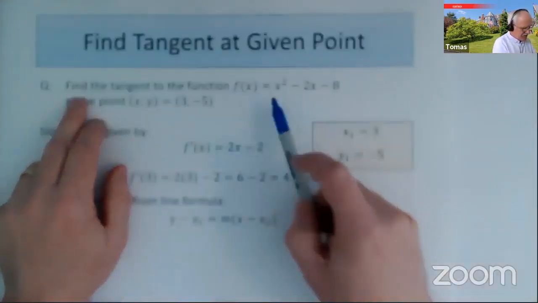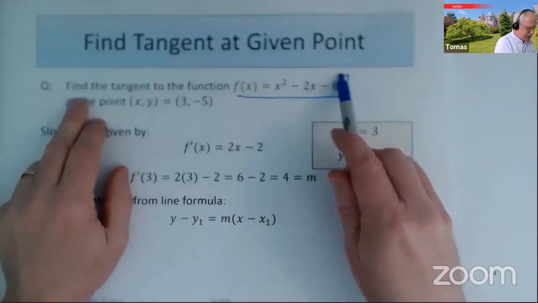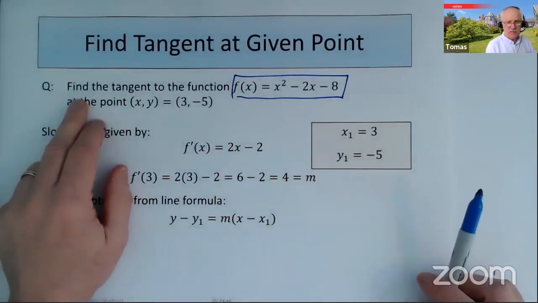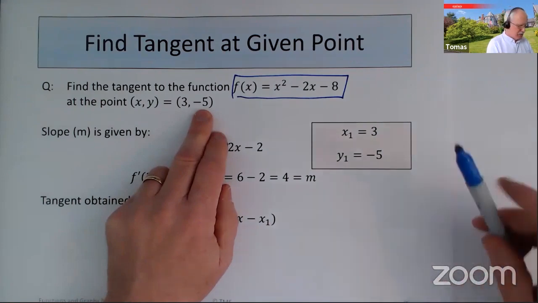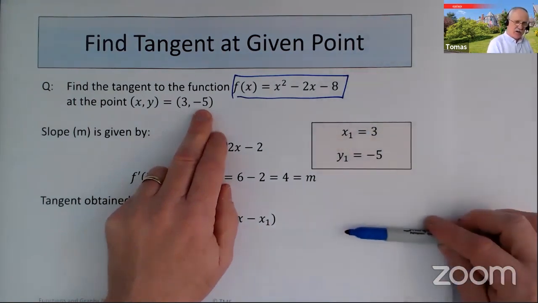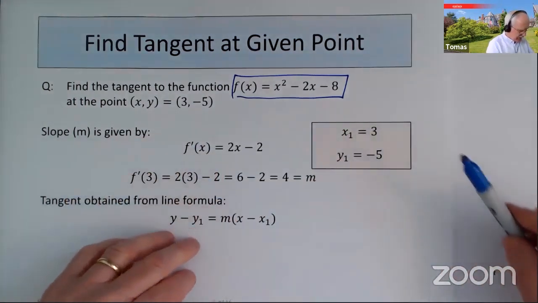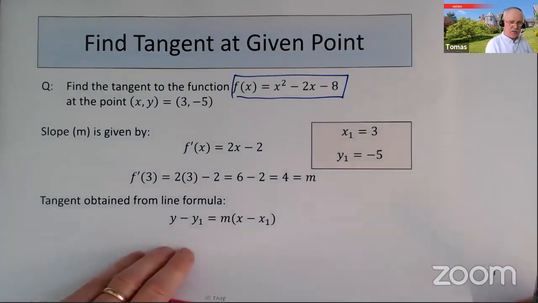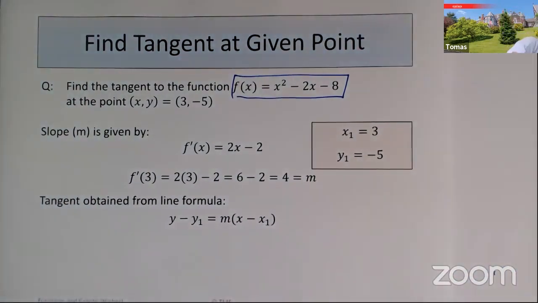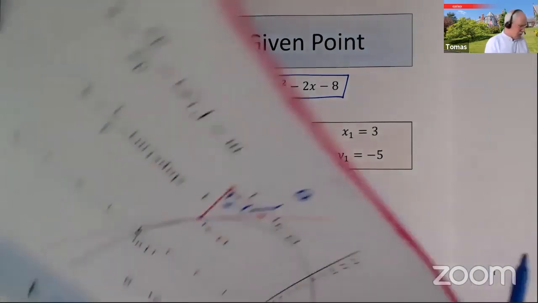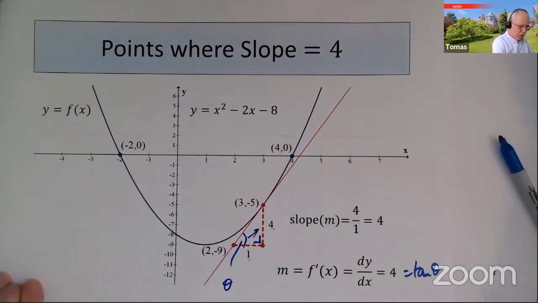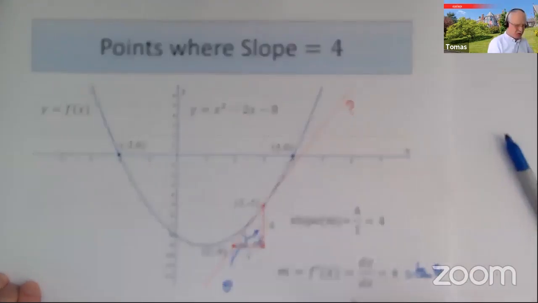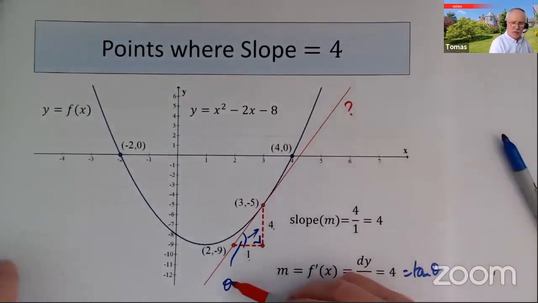Find the tangent to the function f(x) equal to x squared minus 2x minus 8 at the point (3, -5). So we're going to go to the point (3, -5). The function is the function we had, and we're going to see if we can draw that tangent. It would be nice if we could find out what that tangent was. What is the equation of this tangent? How do we get that?